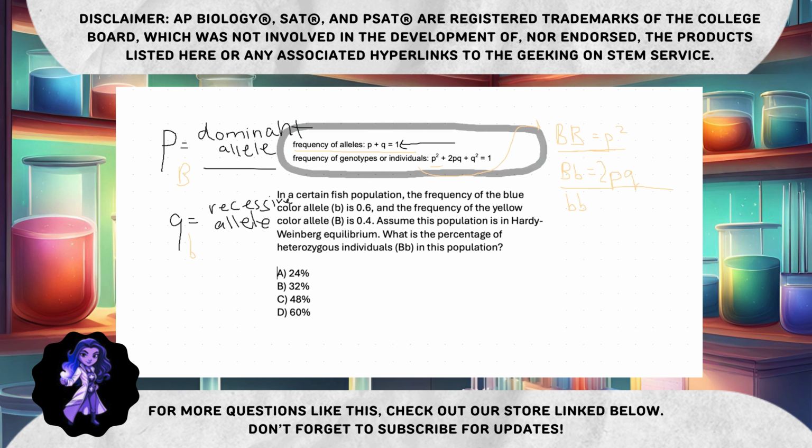So that would be the frequency of the heterozygous genotype. And the two little b's, the blue-eyed individual, would be considered homozygous recessive, and that would be equivalent to Q squared. All of these combined together give the value of 1.